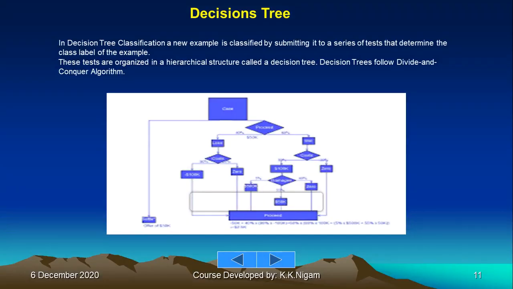In decision tree classification, a new example is classified by submitting it to a series of tests that determine the class label of that example. These tests are organized in a hierarchical structure called a decision tree, and the decision tree follows a divide and conquer algorithm.